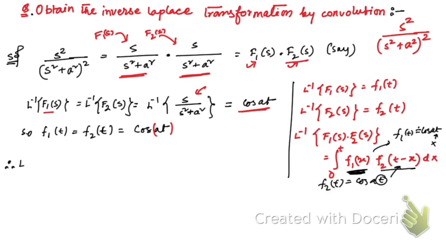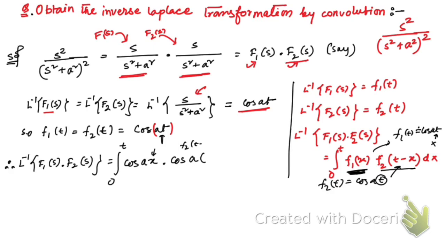So the inverse Laplace transformation of capital F1 of s into capital F2 of s is the integration from 0 to t of small f1 of x, where we replaced t by x, that is cos ax, then f2 of t minus x, replacing the t by t minus x, into dx. That's what we have got. So we have used the convolution theorem.